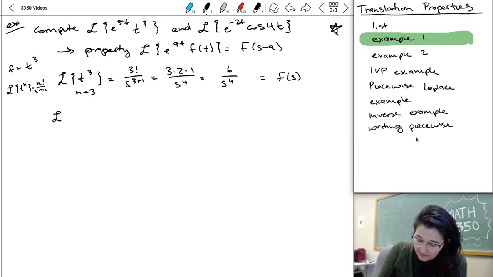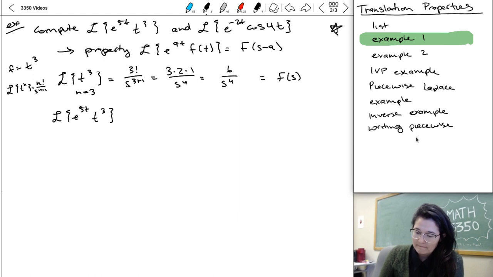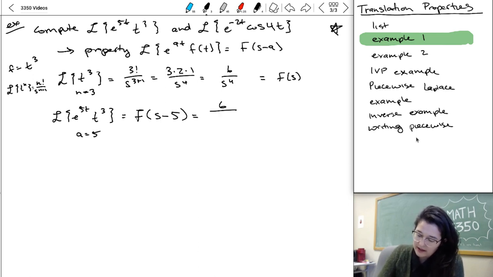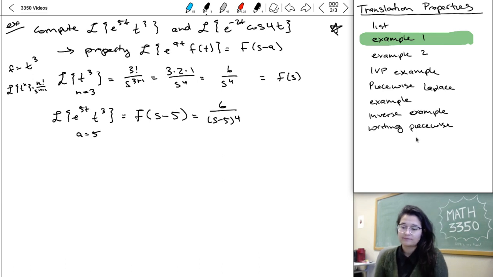So then, if I'm looking at my e to the 5t times t cubed, then for this problem, I have that a is equal to 5, and I know my little f is t cubed, and my big F is 6 over s to the 4th. So I want to plug in big F of s minus 5 for that a value. I'm just going to plug in where I see s above, s minus 5. And that's it.